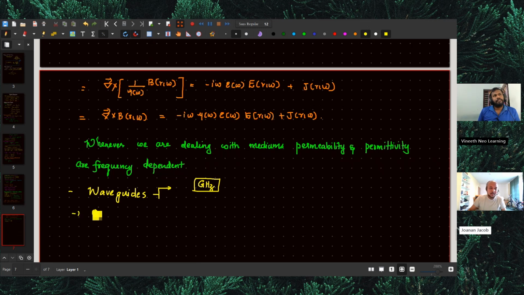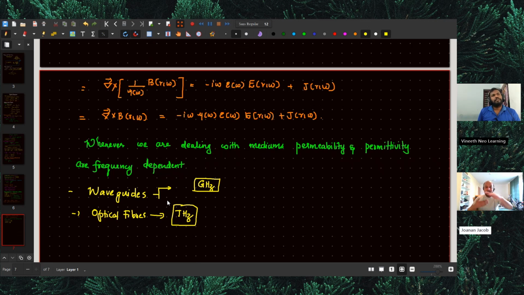But optical fibers can have up to terahertz of frequencies passing through them. It is because the medium of the optical fiber can handle frequencies in the range of terahertz.